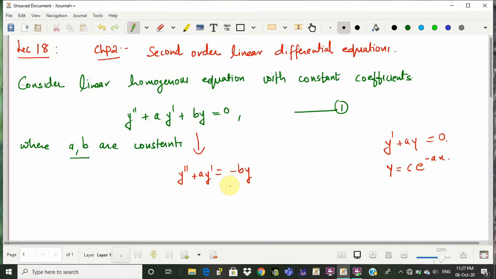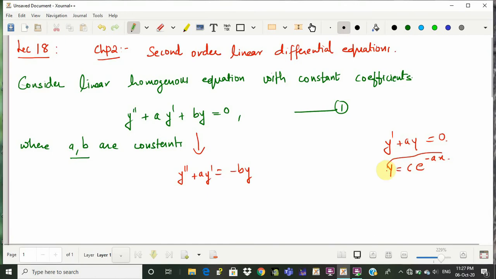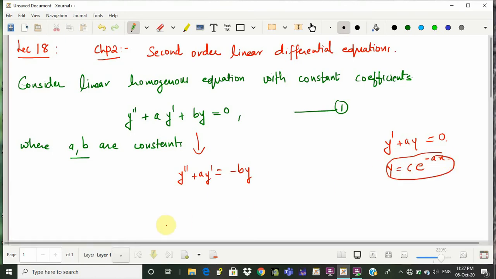So what kind of function would work in this situation? Obviously we look for a function which is almost similar to this form, that is a function of the form e raised to mx. So we consider this as the solution, and we find out what is the condition that is required on this m to satisfy equation 1.